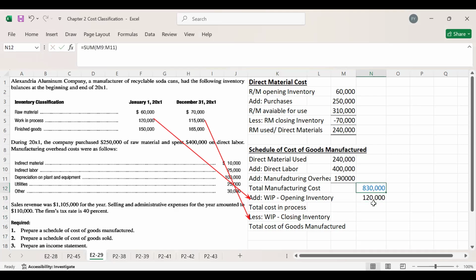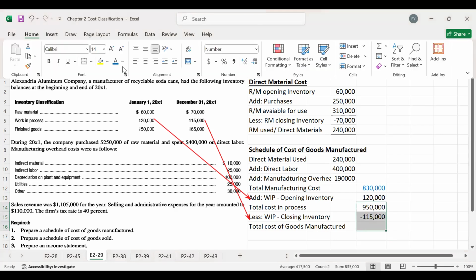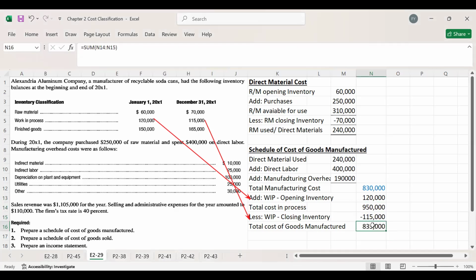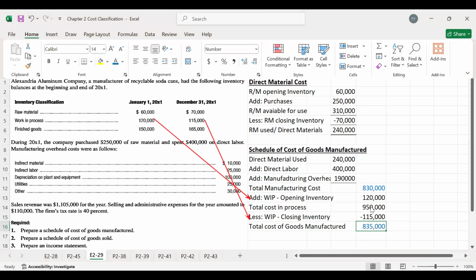So we add opening inventory with total manufacturing cost, and then we will deduct closing inventory, which is 115,000, in order to get cost of goods manufactured, which is $835,000. So this is our second important calculation.